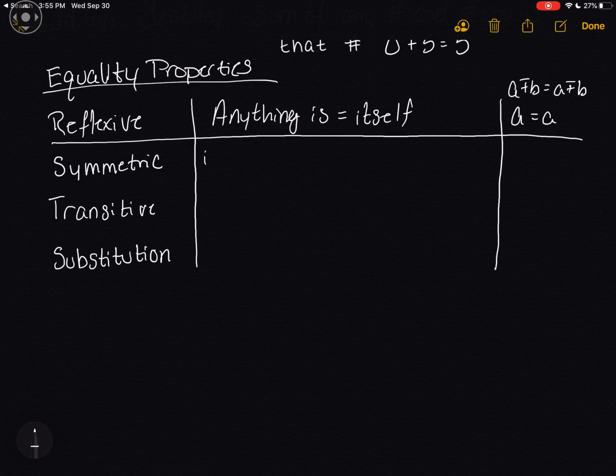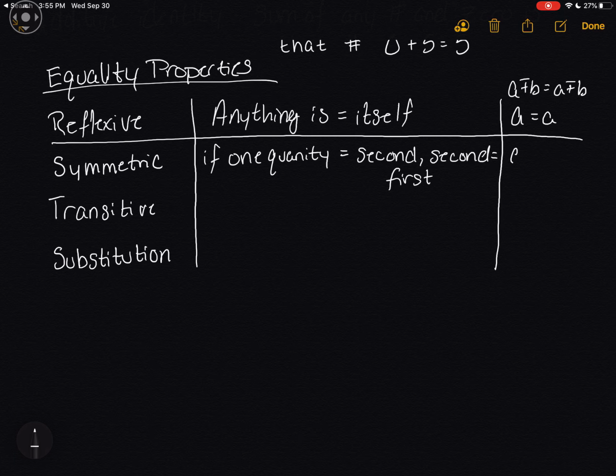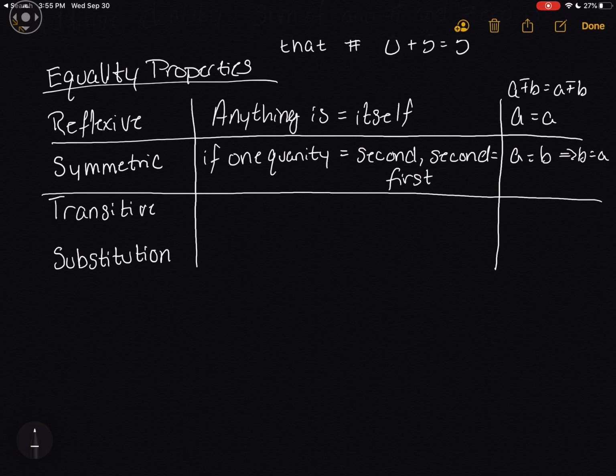So that would be like saying if A is equal to B, then B is equal to A. Or if 2 plus 6 is equal to 8, then 8 is equal to 2 plus 6, so on and so forth. So that is the symmetric property.